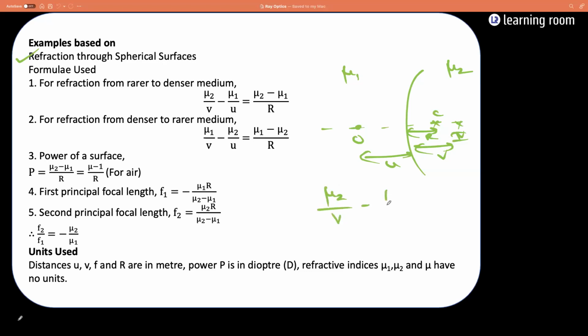Mu2 by V minus mu1 by U is equal to mu2 minus mu1 divided by R. If you can remember this and apply proper sign convention, that will give you the answer. So this formula is sufficient for us to solve the problems.